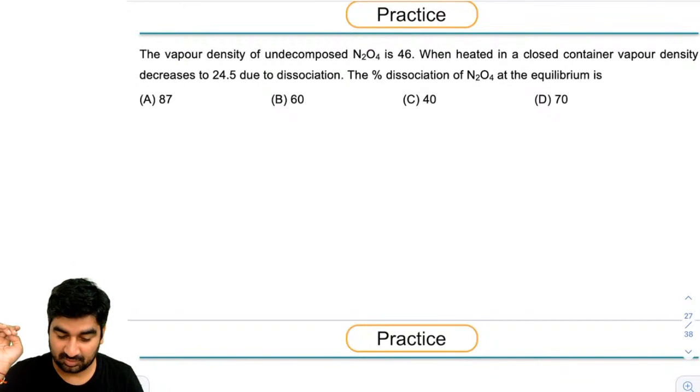Vapor density of undecomposed N2O4 is given as 46. Yes, how will you do it now? Be fast.